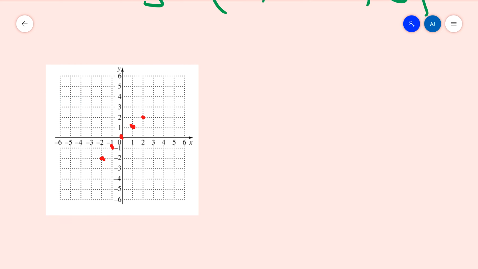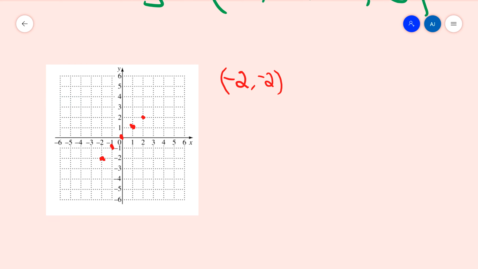Because this graph is just points on it, I'm going to have some ordered pairs that go with these numbers. If I look at this bottom one here, the ordered pair for that is -2, -2.